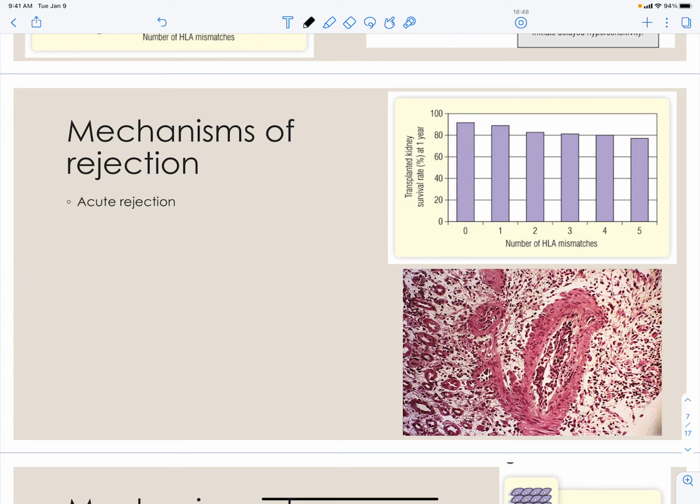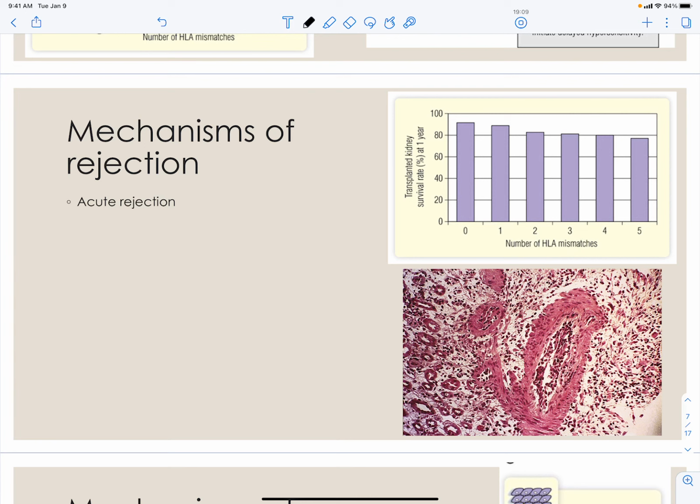However, it's not possible to do minor histocompatibility matching, and this is going to cause rejections. Oftentimes, because of these minor antigens, even if you have the best HLA matching, you're going to put the person on a series of prophylactic therapies.